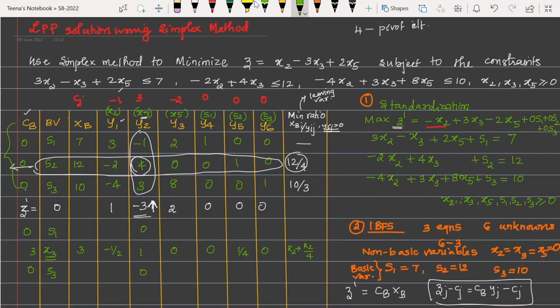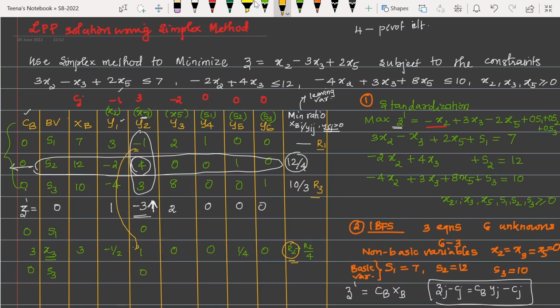Now all the transformations are done with respect to R2. Please note that this is our R1, this is our R2, and this is our R3. R1 and R3 are going to be changed with respect to R2. The transformation is: we have to make this minus 1 equal to 0 with reference to this 1.